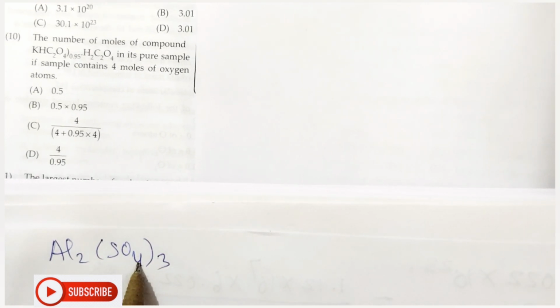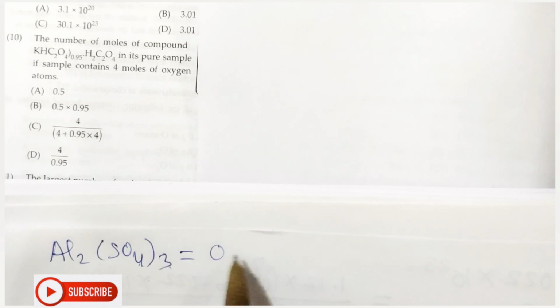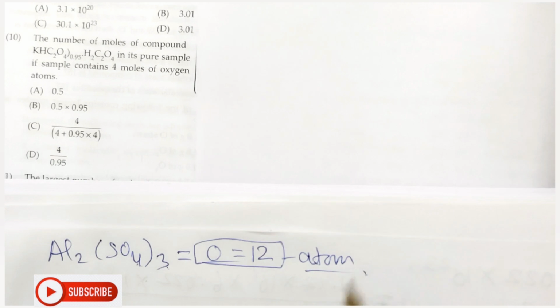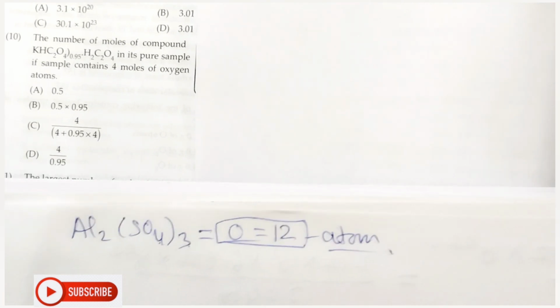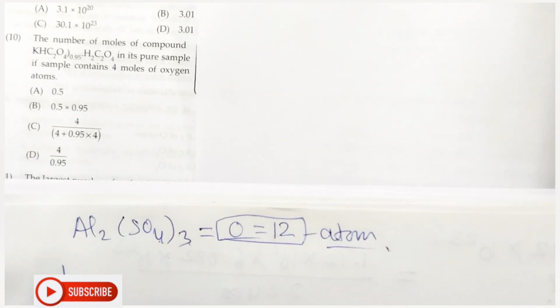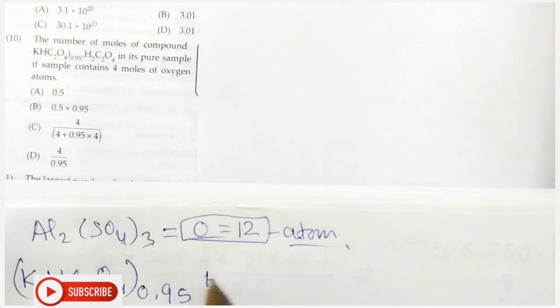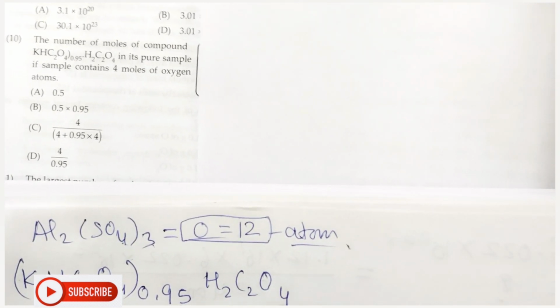You multiply 4 and 3, so here oxygen will be 12 in number, right? The same concept we will use for this. If I write the formula of the compound they have given, KHC2O4 with a bracket like this, 0.95. A non-stoichiometric compound is given. So H2C2O4, this is oxalic acid.